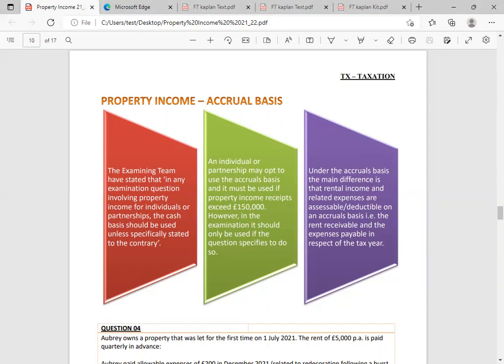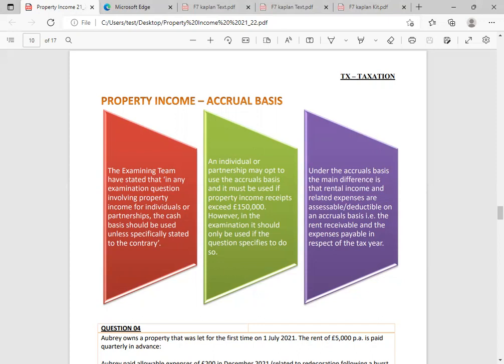But if the examiner states to use accrual basis of accounting, then only we have to use accrual. In the KX paper or ATX paper, we are not supposed to use accrual basis unless the examiner states that. Got my point?